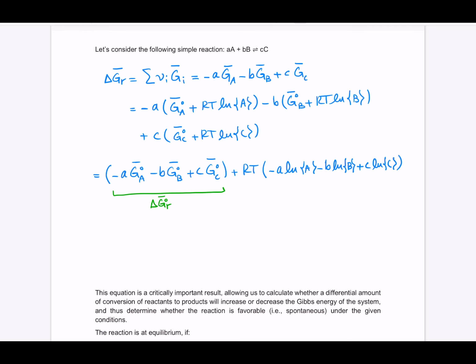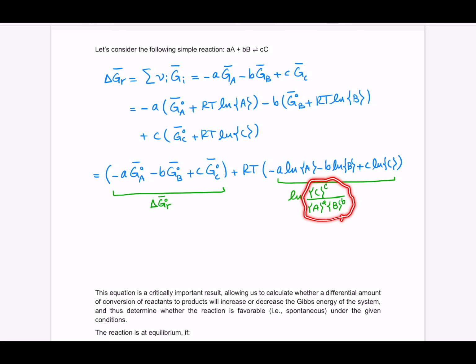So we can play a little bit with this one. With a mathematical operation, we arrange it in this way. So now what is this guy? Are we at equilibrium?